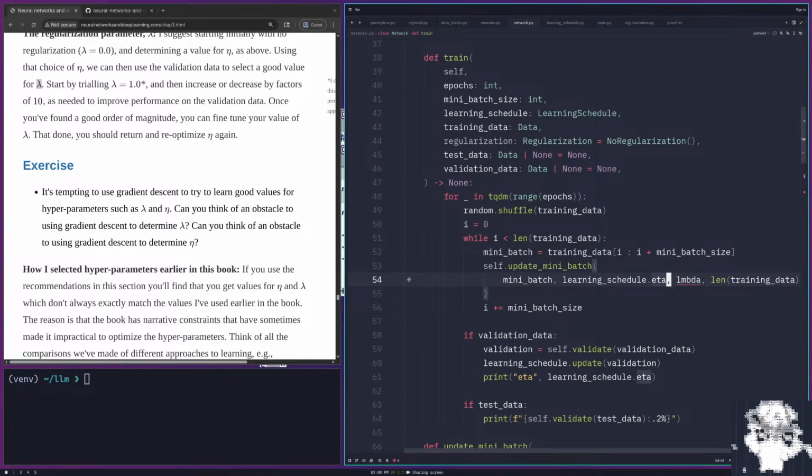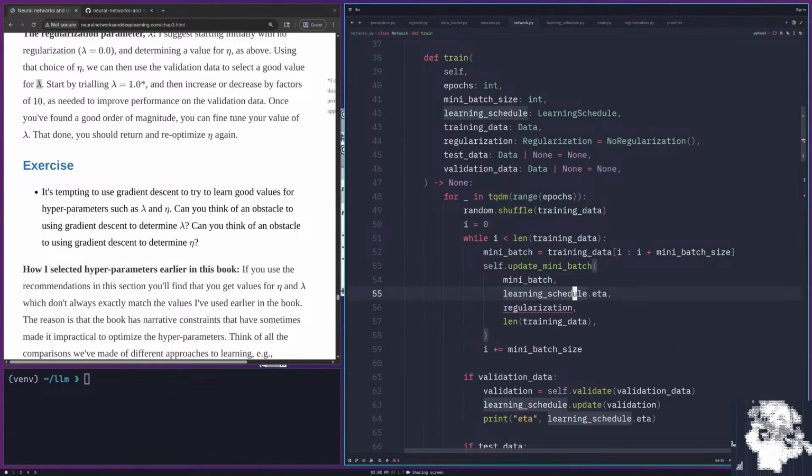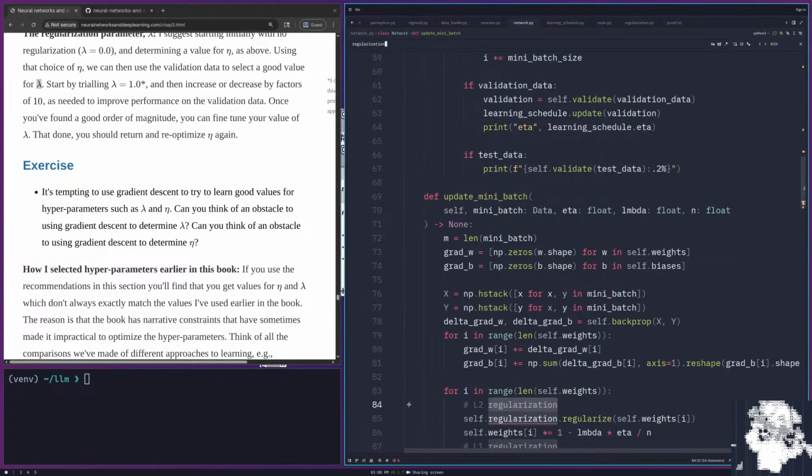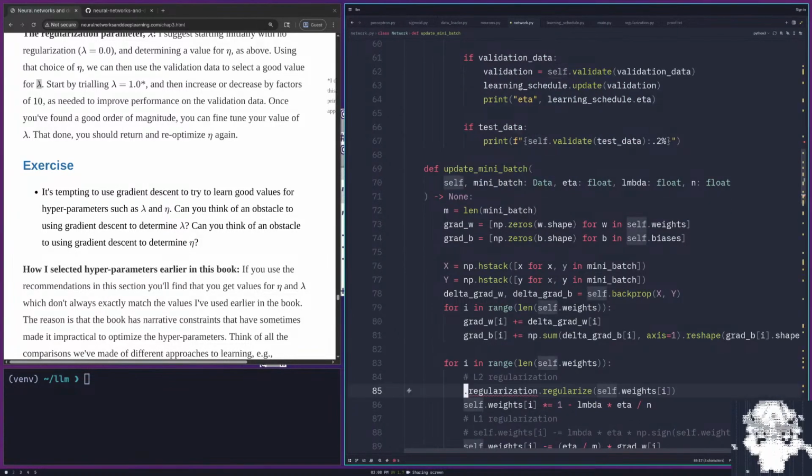Okay, so update mini batch is not going to take lambda anymore. Oh, I said self.regularization. I think instead I have to pass the regularization down, which is annoying. So you're not doing self.regularization. You've taken the regularization from your parent.